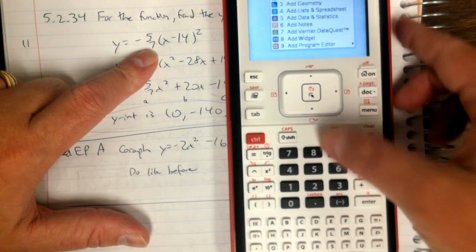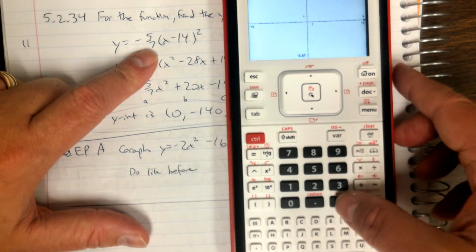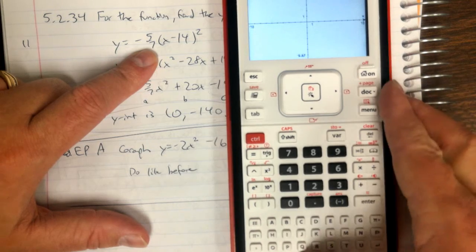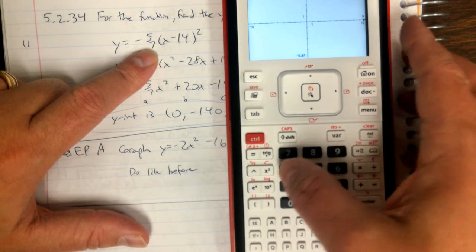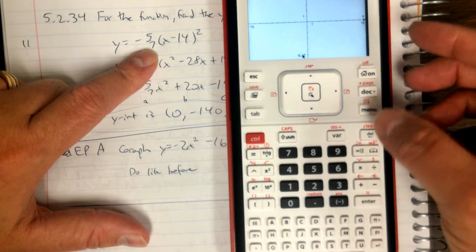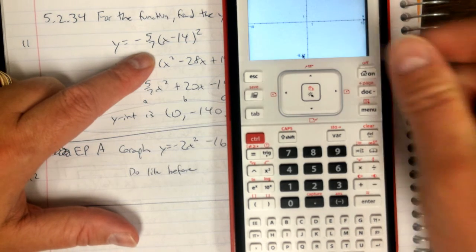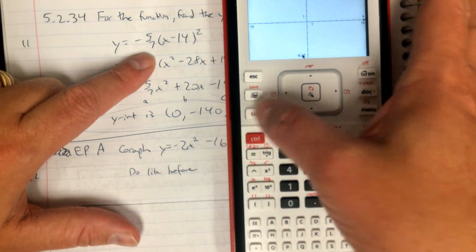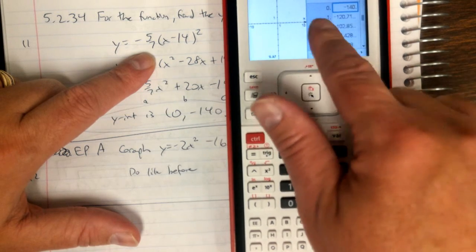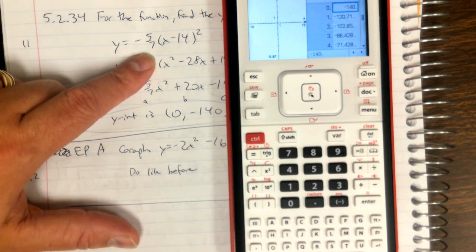But if you have a calculator available, you can say negative 5/7 times (x minus 14), then go outside of it, say squared. It may not look like it did anything, but just do Control T for your table, and then go up to 0, and you get negative 140.